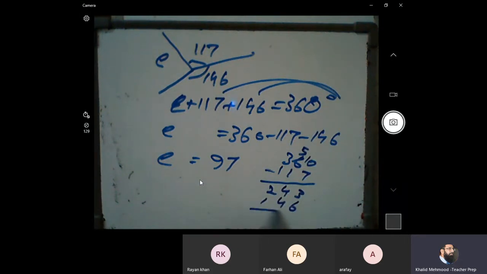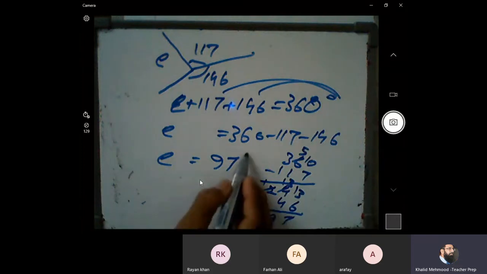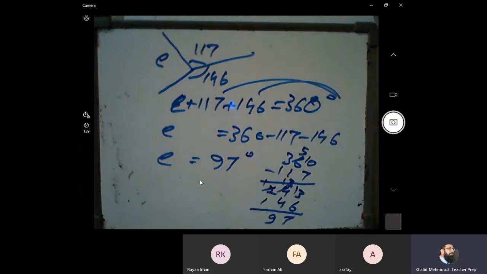We carry 1, it becomes 3, and then 13 minus 6 is 7. We take a carry here, it becomes 13. So 13 minus 4 is 9, and 1 minus 1 is 0. So the answer is 97. Okay, so you have to do it like this whenever you are doing it.